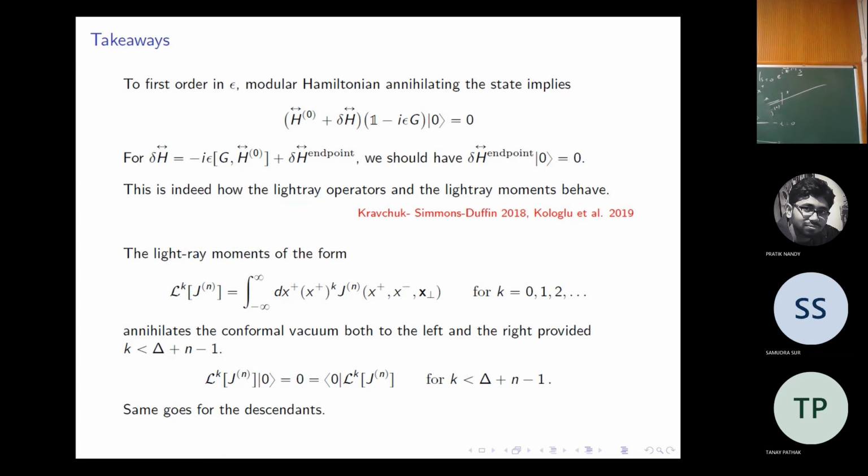And then they show that they can close the contour. For their case it will be some other condition, but if you take x plus to the K, you can show that if K is less than delta plus n minus 1, then you can close the contour and it gives you again 0.